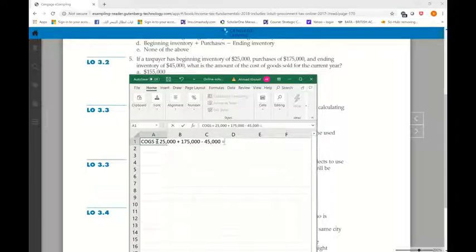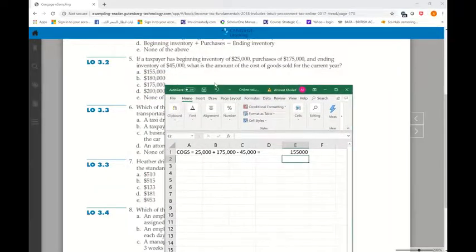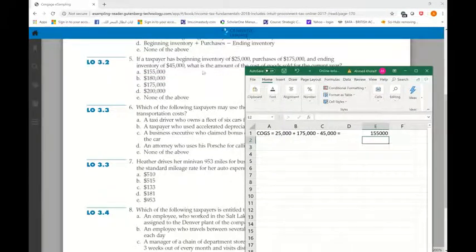So this gives us the cost of goods sold, which is 155,000. This means the answer is A, 155,000.